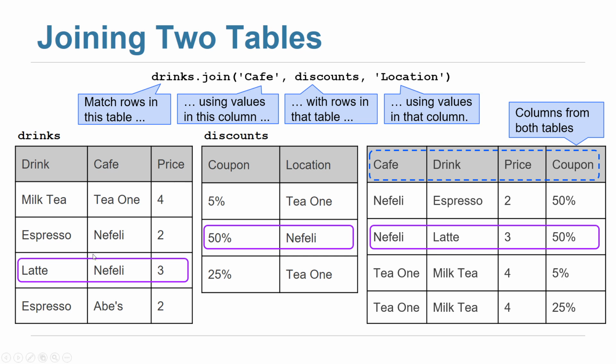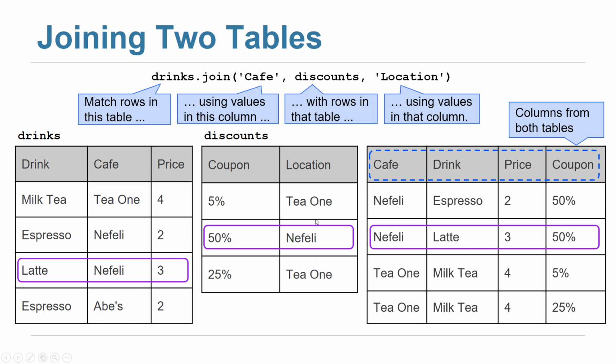Now look at another one, which is milk tea. So what should we match with in the second column? First row only? First and third, by the way. Okay? Because we are matching cafe. So remember, cafe here is T1.